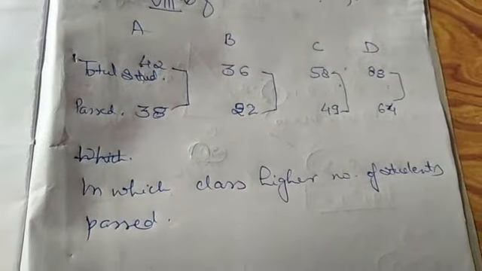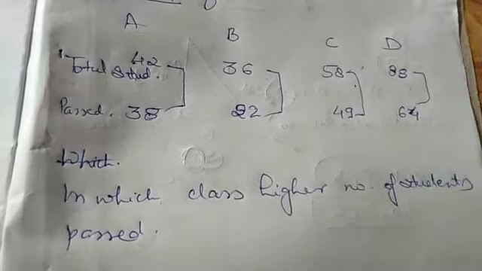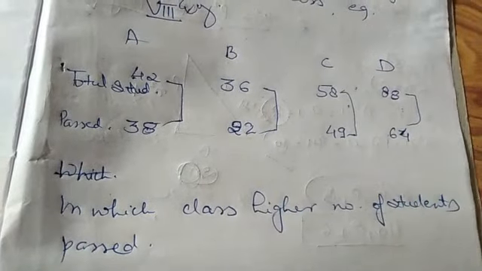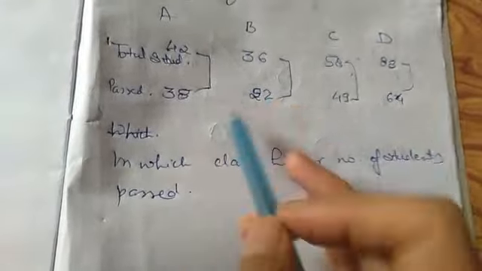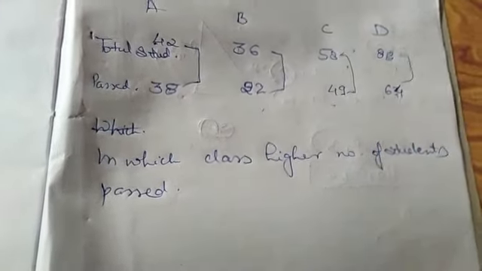When the calculation is complicated, in order to make a comparison, in this situation we will use percentage. So what am I supposed to do in order to find which class has the higher number of passed students? I will take out the percentage of these numbers.